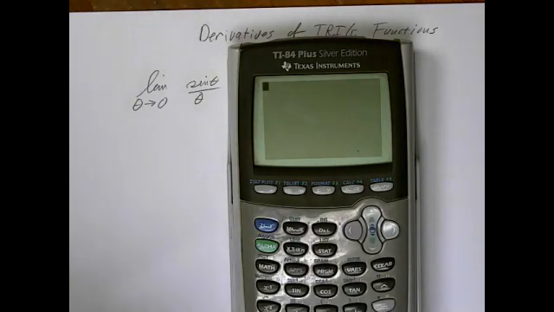I may not have said this before, I'm pretty sure that I haven't, but when it comes to calculus, things must be done in radians. I can't emphasize that enough. Degrees have no place in a calculus classroom.